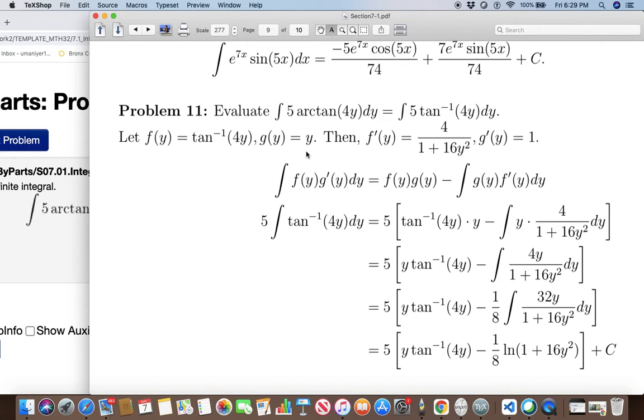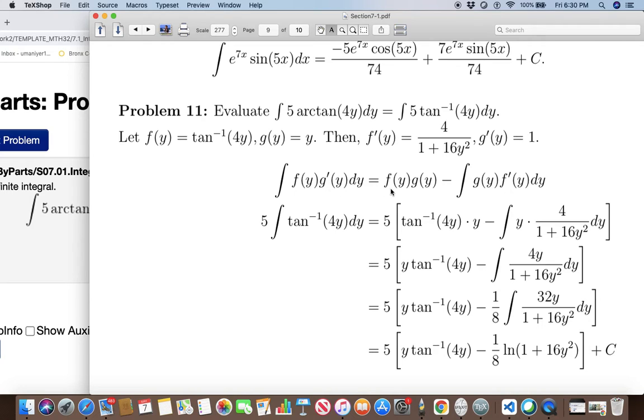So g(y) is y. How did I get y? y is the antiderivative of 1. f prime is 1 over 1 plus 16y squared, and then the chain rule gets me a 4 upstairs. g prime is 1.